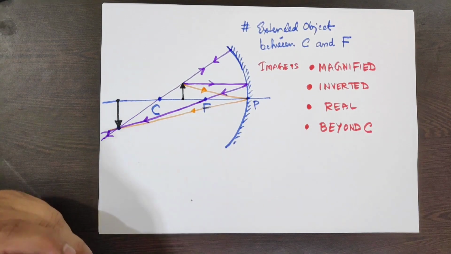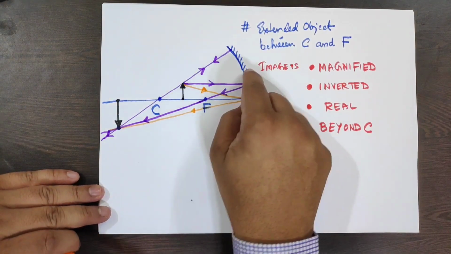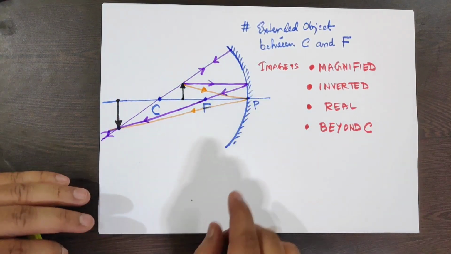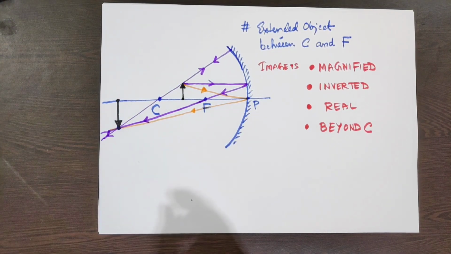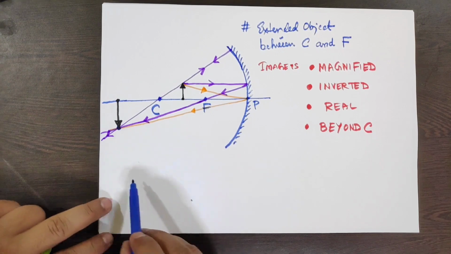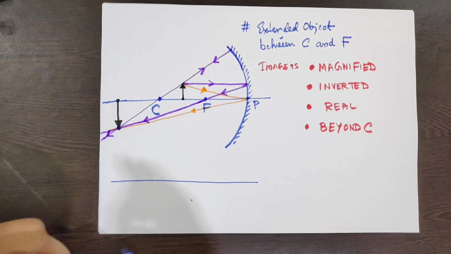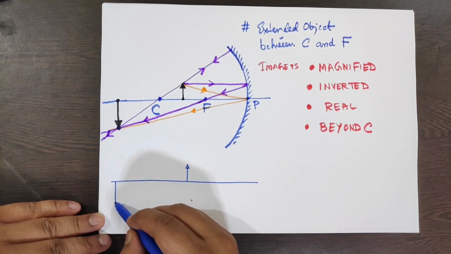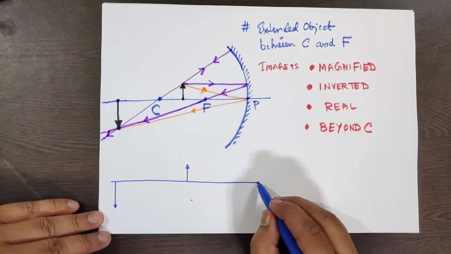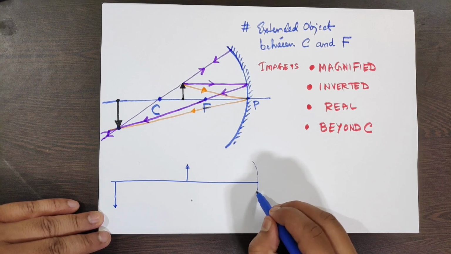So all the light rays from this point will go and meet at this point. So this is one of the light rays. As you see here, we'll also discuss this in detail, only for this object and this image. Now there was this pole, right?